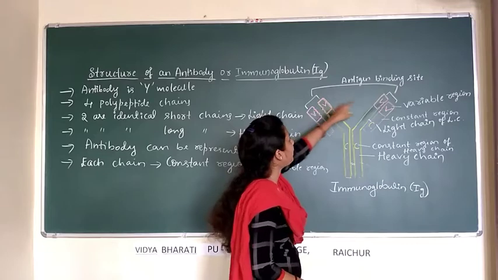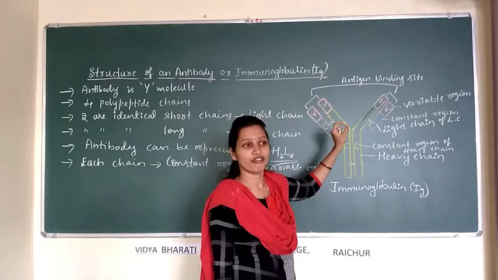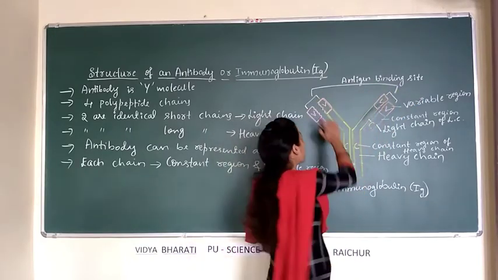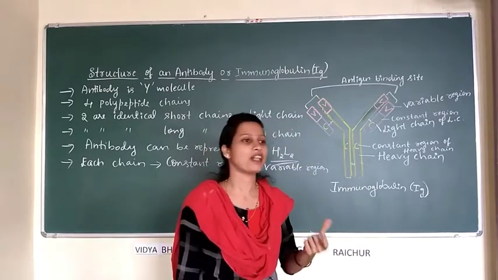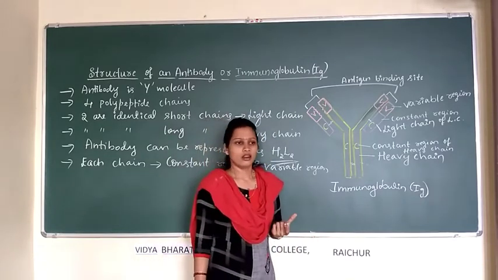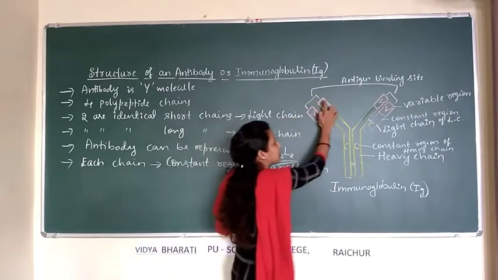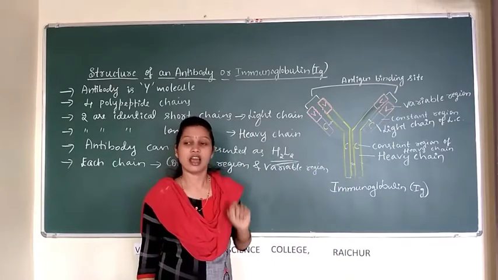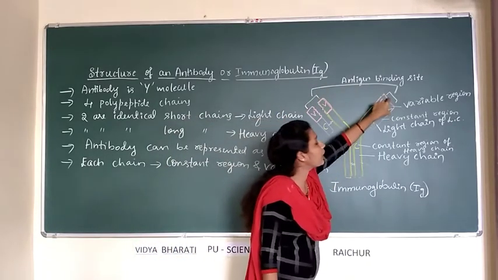And these variable regions of the antibody molecule form an antigen binding site. Antigen is the pathogen or microorganism which can cause infection. That antigen binds to the antibody at this site. A disease-causing organism or antigen always binds to the antibody molecule at the variable region.